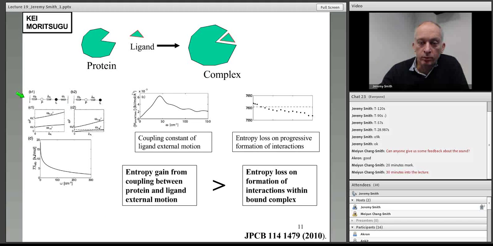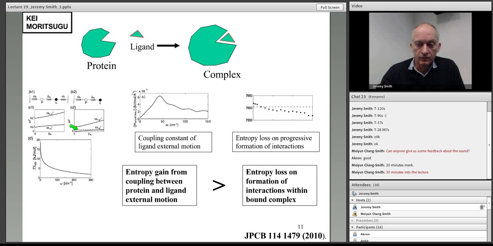Well, the simple ball and spring model here, you just look at this one. This is what happens when you attach a ligand to a protein and you then create new vibrations in the system. This one. And this new vibration was the external motion before.